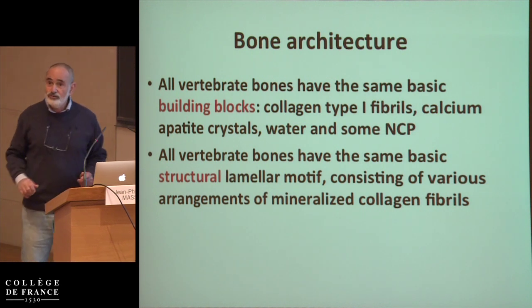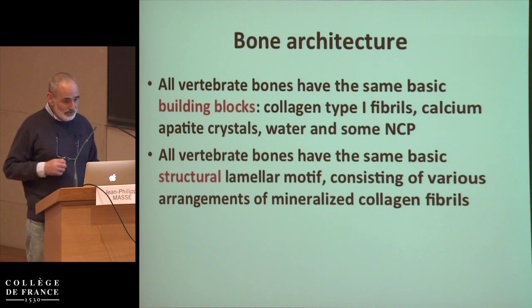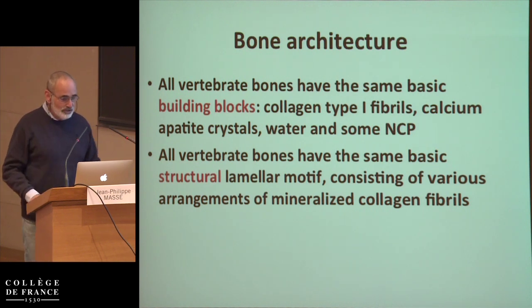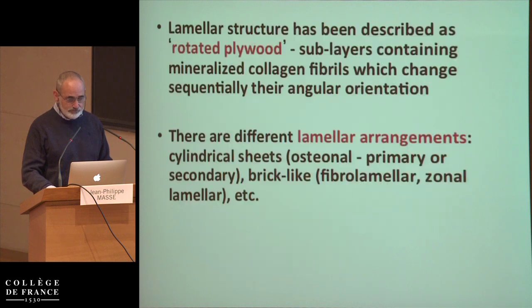All vertebrate bones have a few same basic principles. And in particular, the building blocks, which are collagen type 1 fibrils, calcium apatite crystals, water, and some non-collagenous proteins. And also, all vertebrate bones have the same basic structural, architectural motif, which is the lamellar motif that consists of various arrangements of these mineralized collagen fibrils.